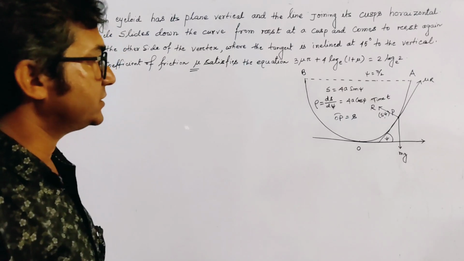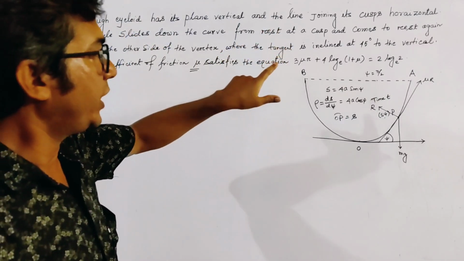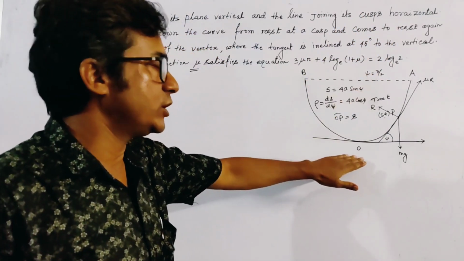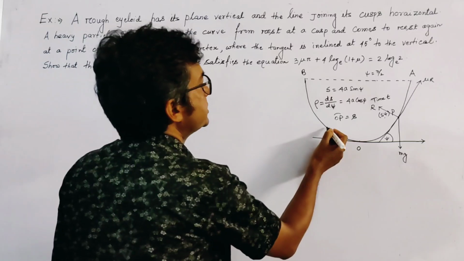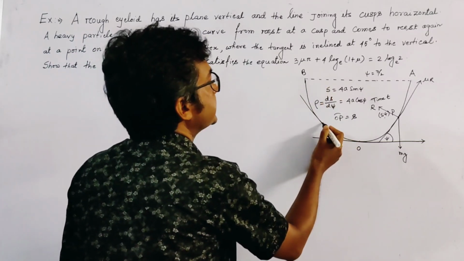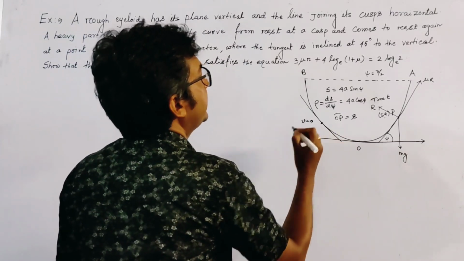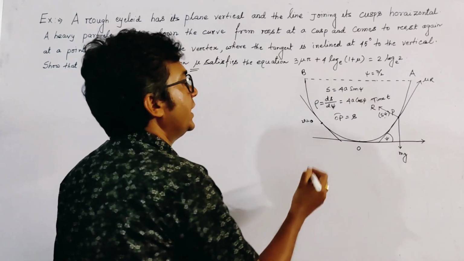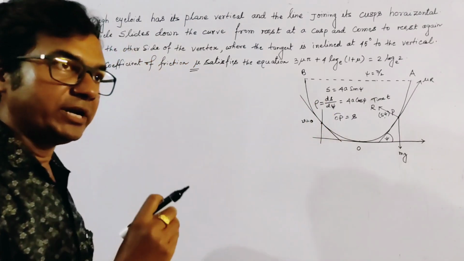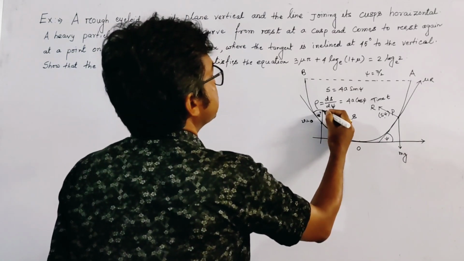It is said that the particle is again at rest when the tangent is inclined at an angle of 45 degrees to the vertical on the other side of the vertex. So at that position, where the particle becomes at rest, v is equal to 0, it is given. If we draw a vertical line, then this angle is 45 degrees.